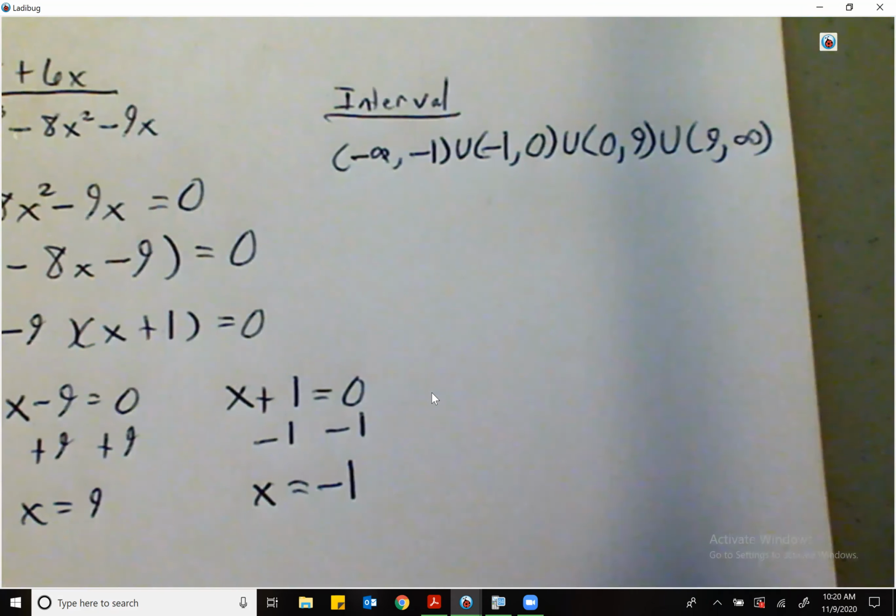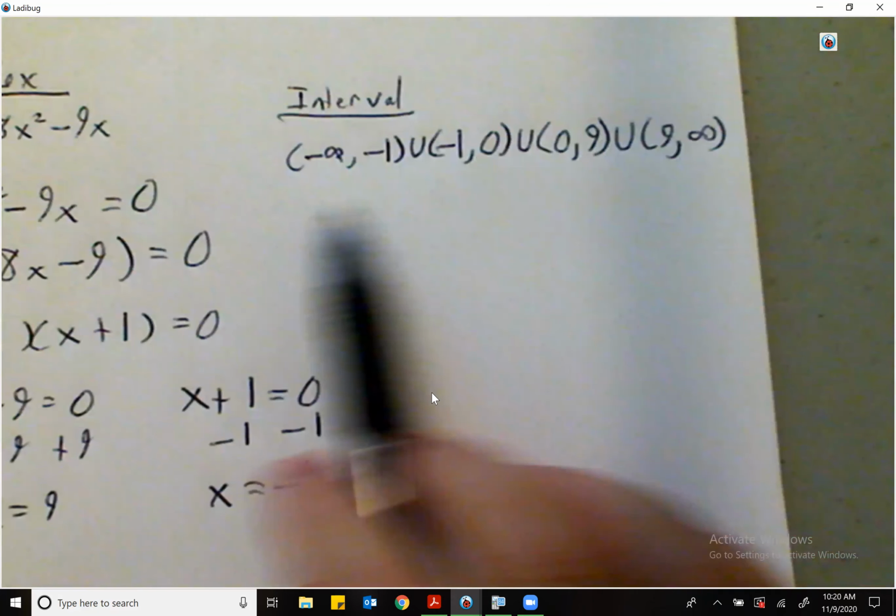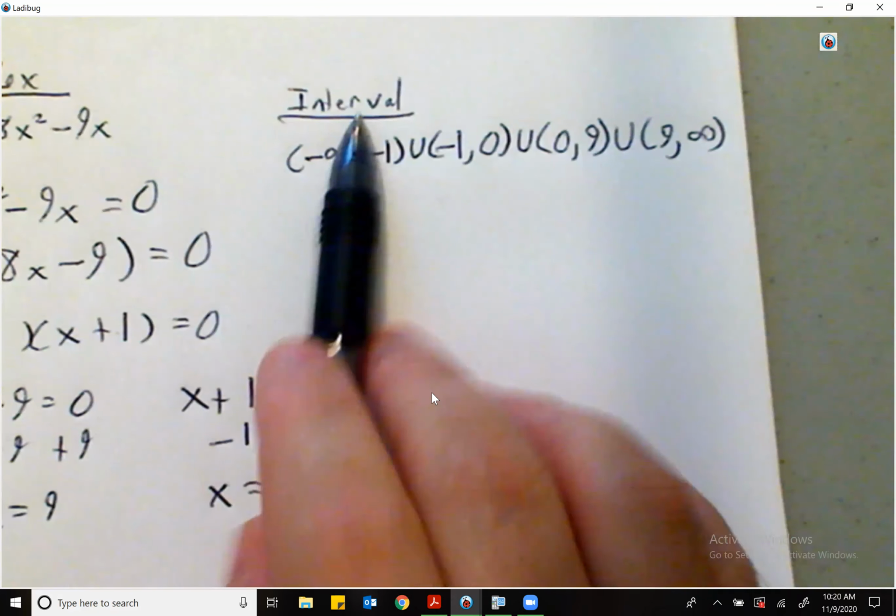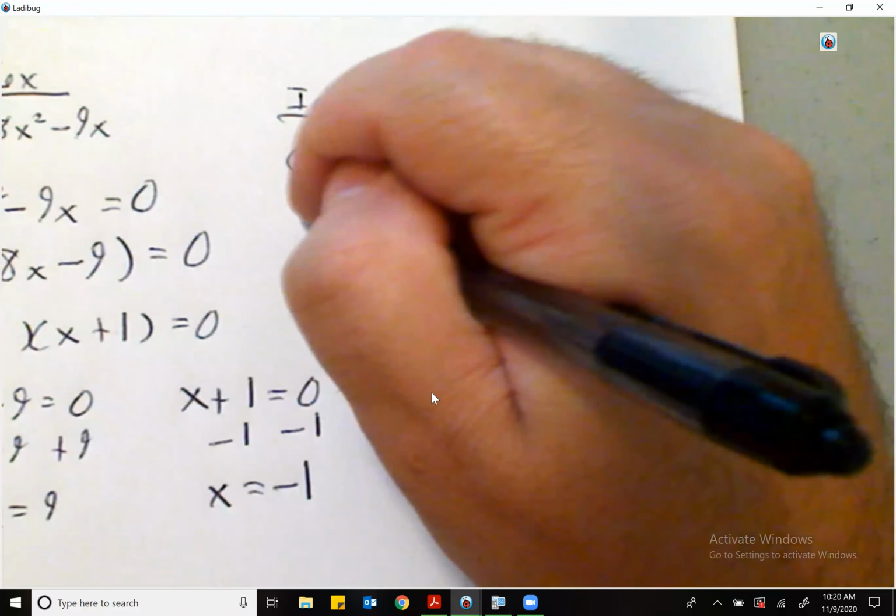That's what it would look like in interval notation. But we don't want interval notation. We want set.